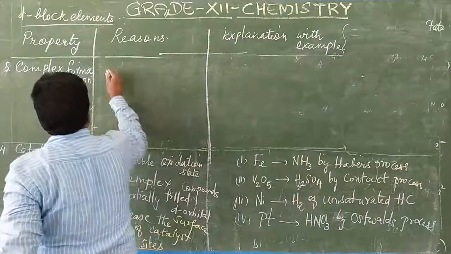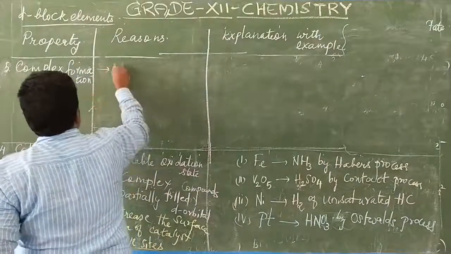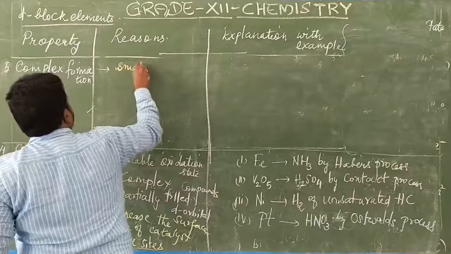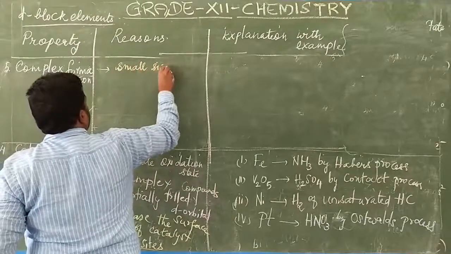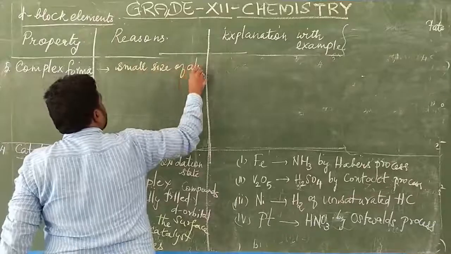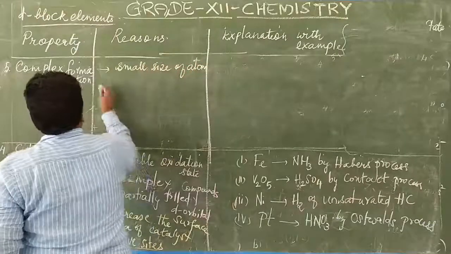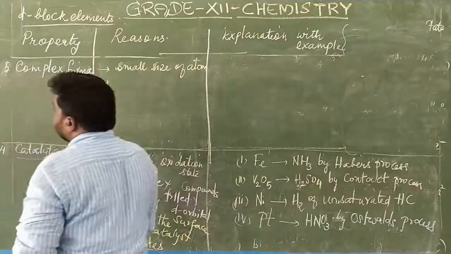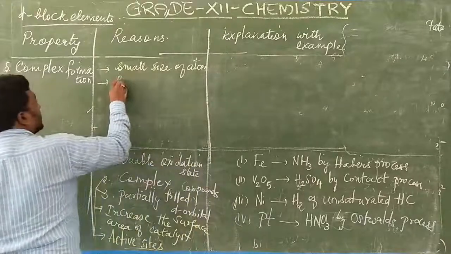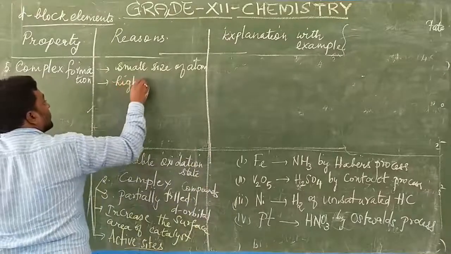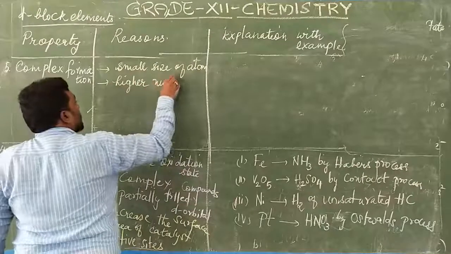See, complex formation is due to the small size of an atom. Second one, high nuclear charge.